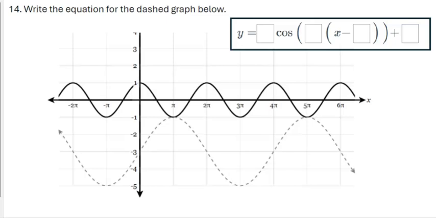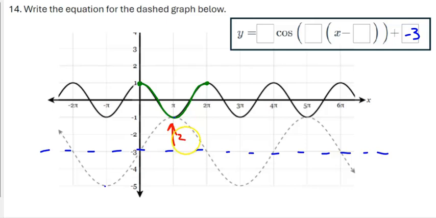All right, so we have a cosine graph, so it starts at 1, and then for a full period it goes back up to 1. So if I look at the midline, the top of the graph is at -1, the bottom is at -5, which means the midline is at -3.